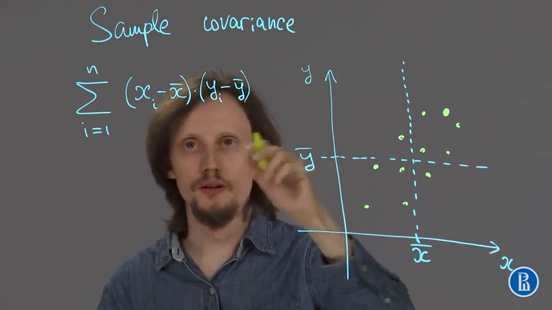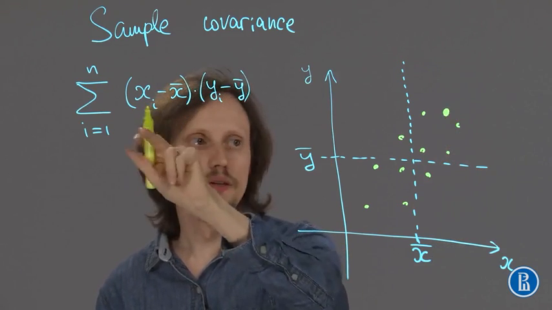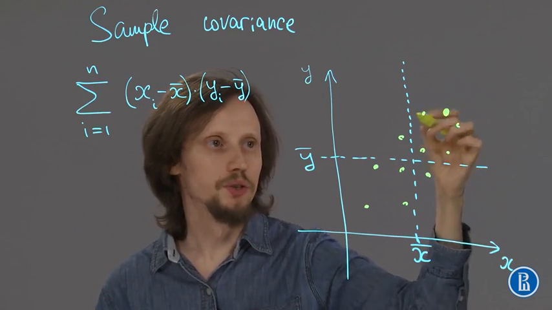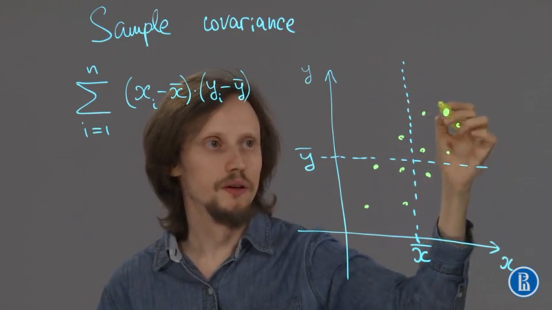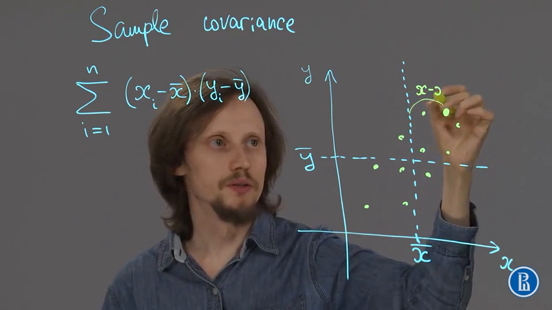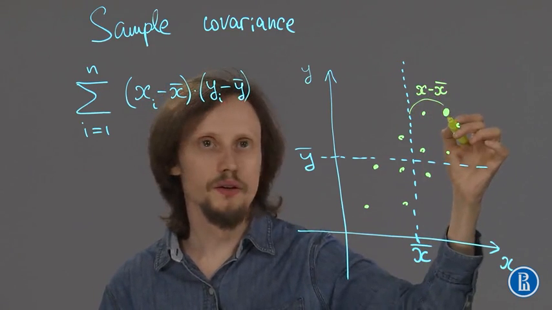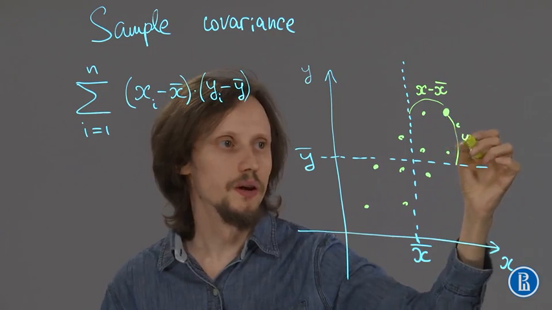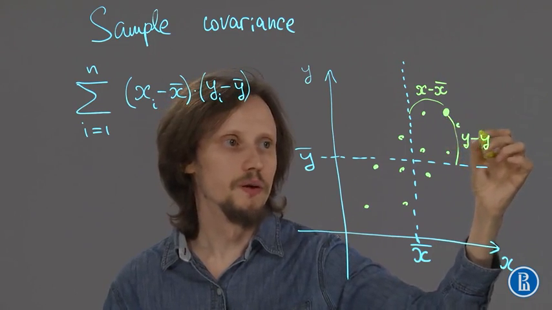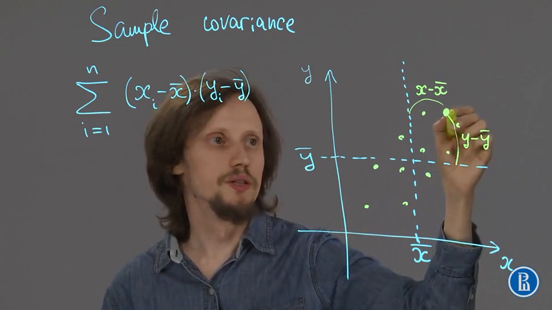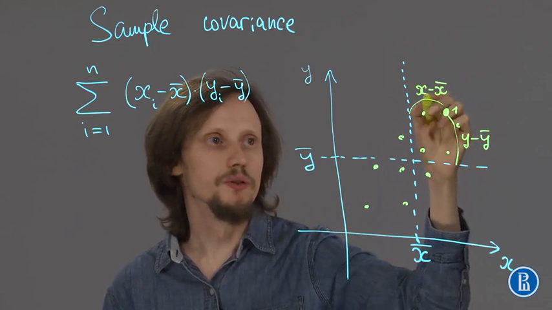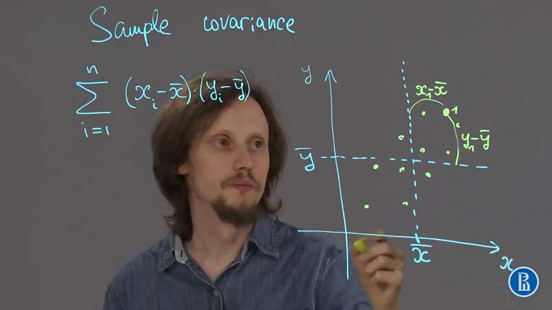This is the distance from this point to this vertical line. This is x minus x bar. And this distance is y minus y bar. Let me assume that this is the point number 1. So this is x1 and this is y1.